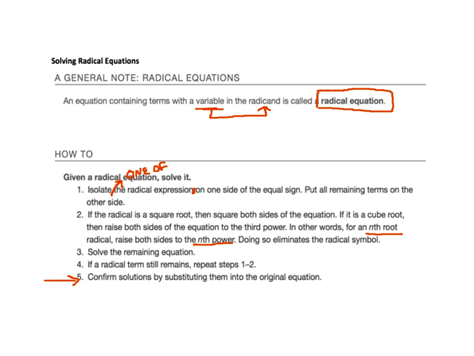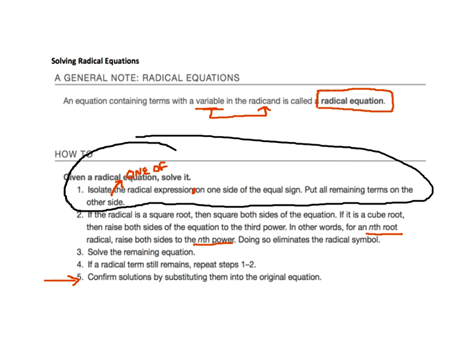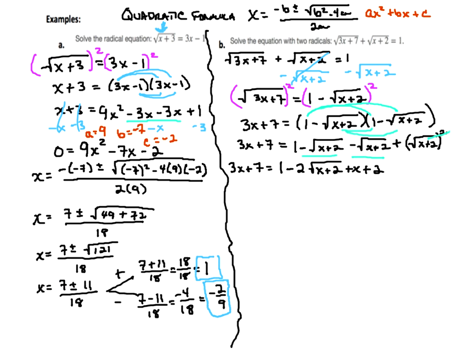This is why, let me go back a slide, this is why I added in, you have to isolate one of them, go through the process, and then you're going to have to isolate the other one that may still be left after you go through that process. So that's what I'm about to do, isolate. Let me underline it so it sticks out to us. I'm about to isolate my root.